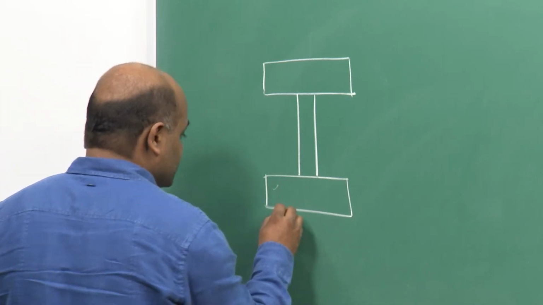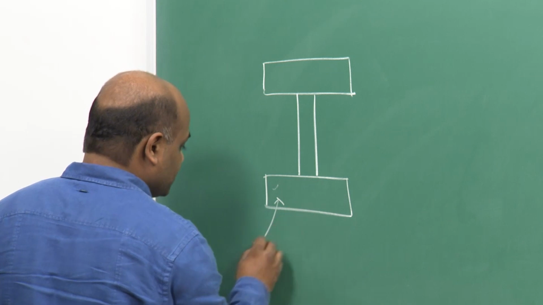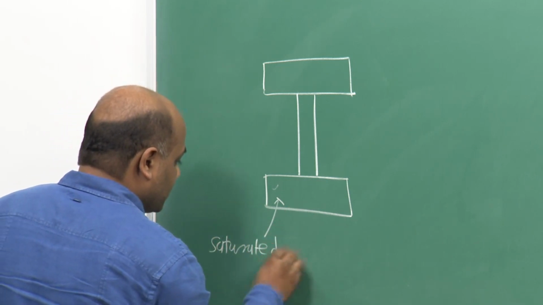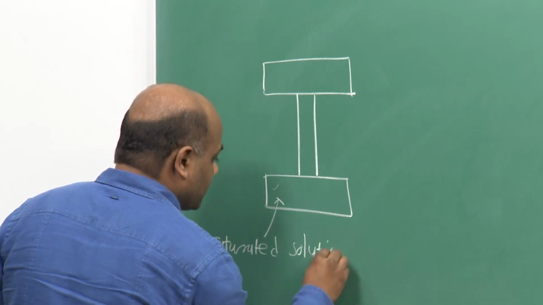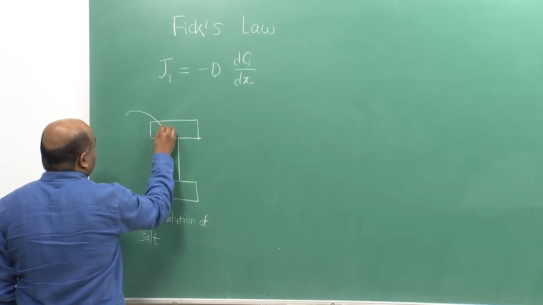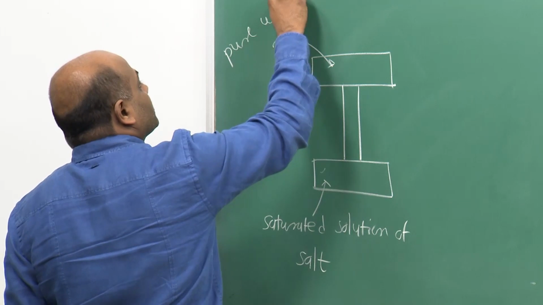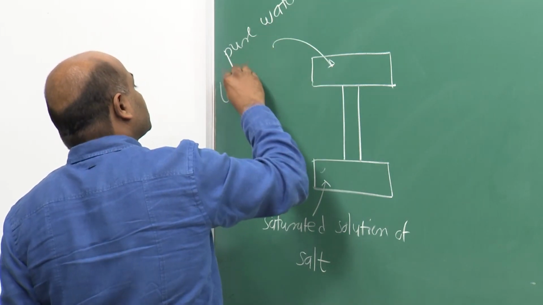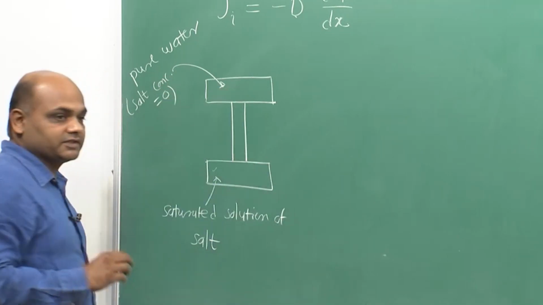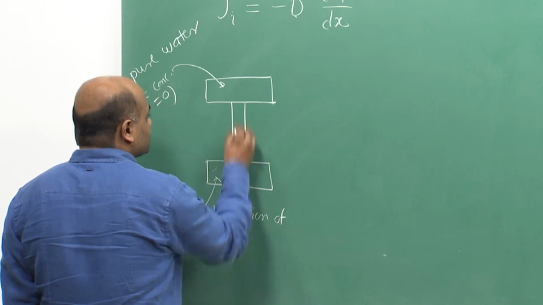On one side there was saturated solution of salt, the other side was pure water. So, basically the salt concentration was approximately 0 in this case, and so the salt diffused from bottom to the top.